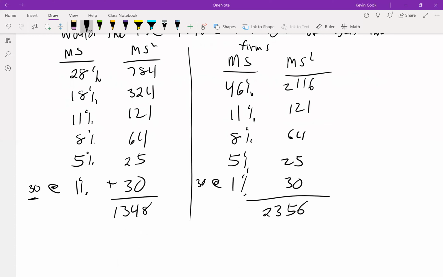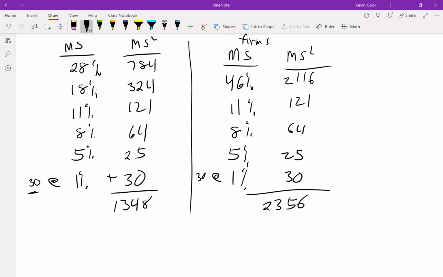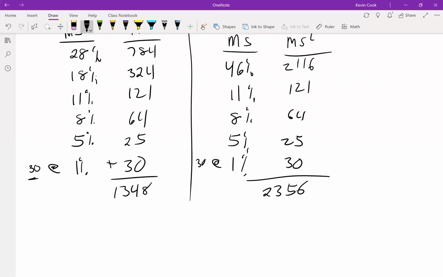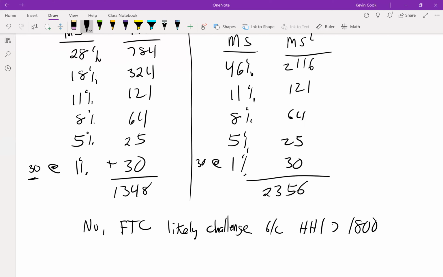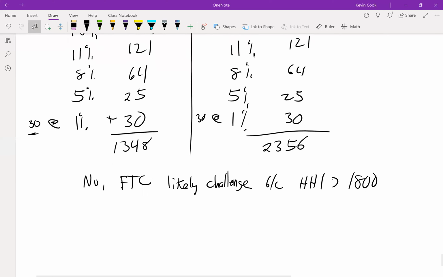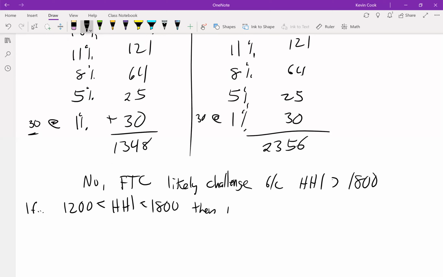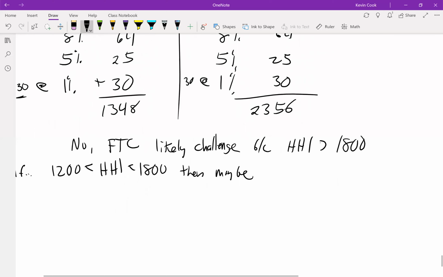So the question at hand is, would the FTC approve it? No, the FTC would likely challenge it, because the HHI is now greater than 1800. If the HHI were between 1200 and 1800, then we'd have a maybe. It might get approved, it might not.